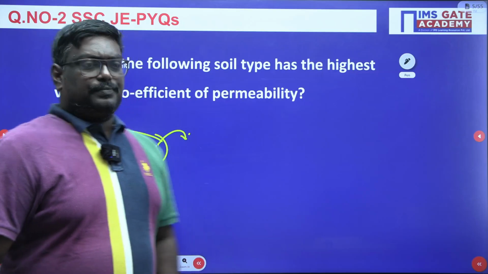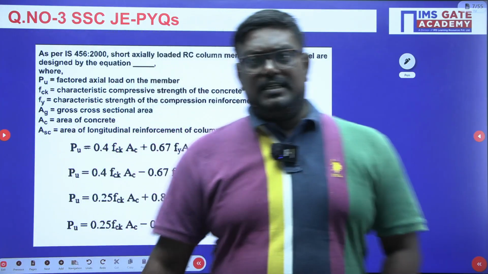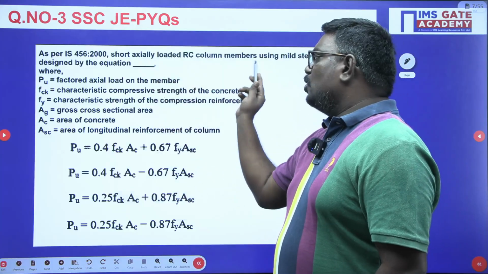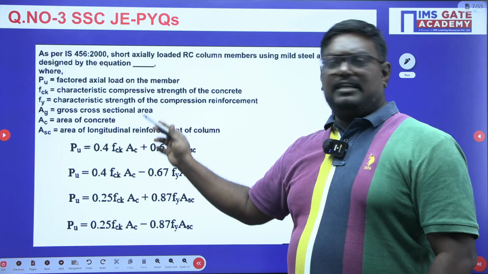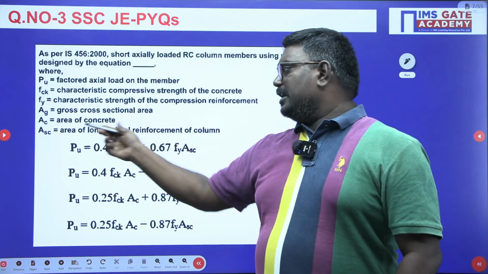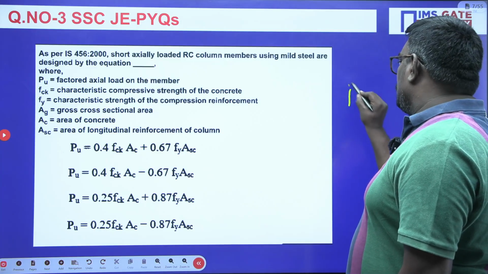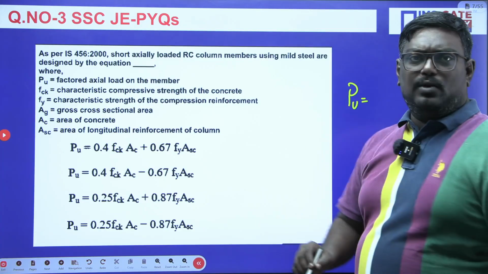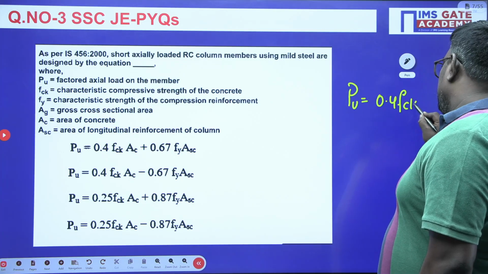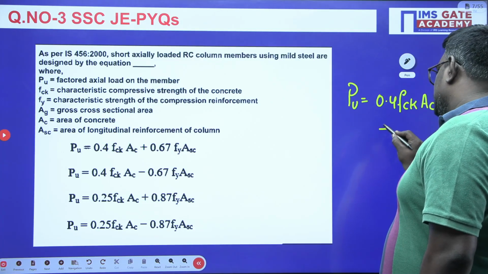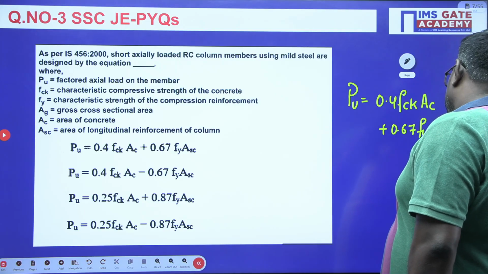Okay, students? Now as per IS 456, a short axial loaded column, they have given factored axial load, characteristic compressive load, characteristic yield strength, gross sectional area, concrete area. Now my dear students, according to RCC, the formula for ultimate load is 0.4 fck into area of concrete plus 0.67 fy into area of steel in compression.